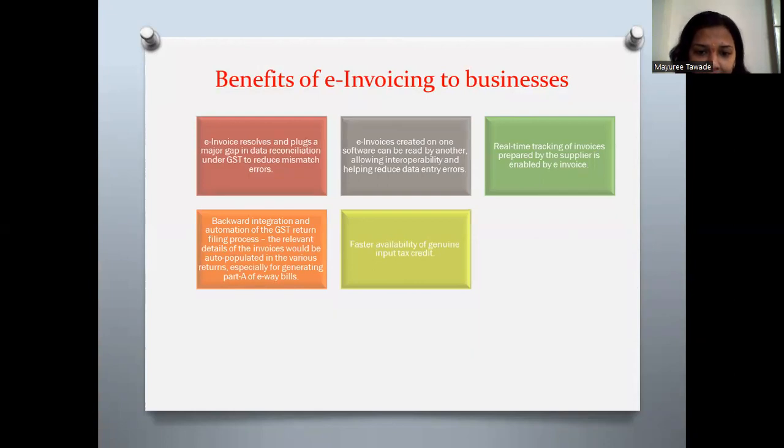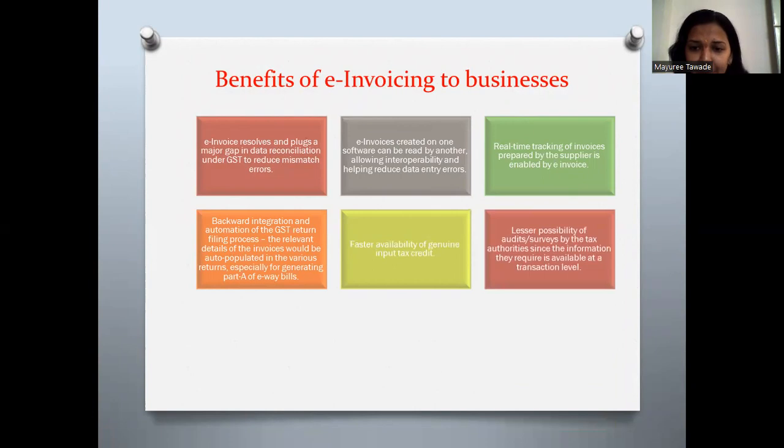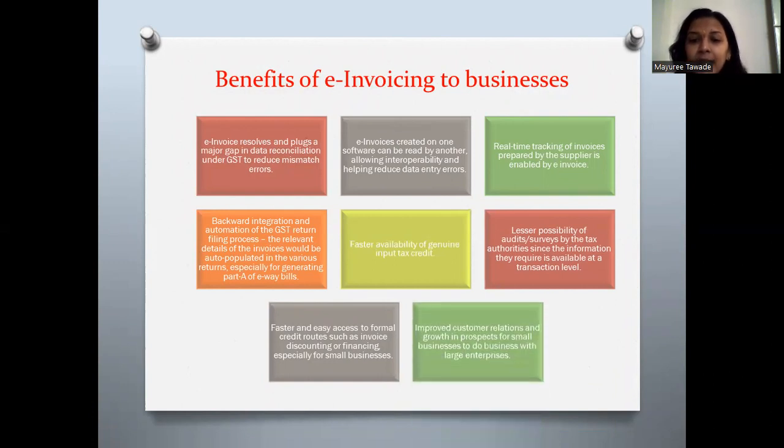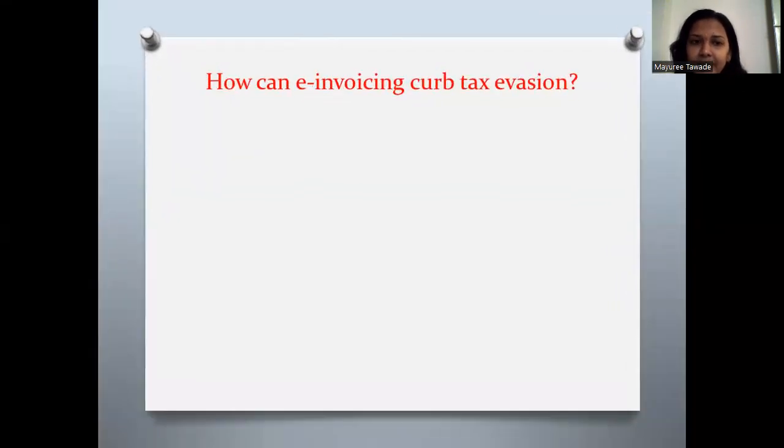Then faster availability of genuine input tax credit, and a lesser possibility of audit or survey by the tax authority since the information which is required is available at the transactional level. Faster and easy access to formal credit routes such as invoice discounting and financing, especially for small businesses, and improved customer relations and growth in prospects for small businesses to do business with larger enterprises.